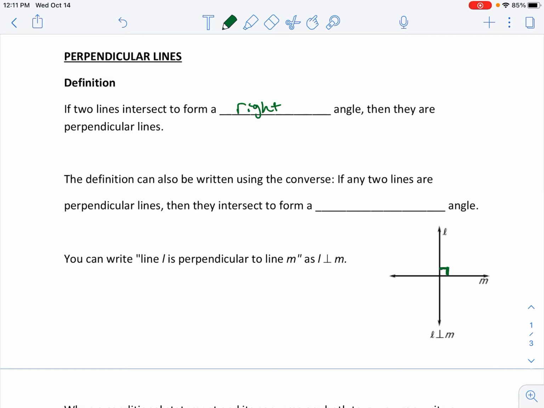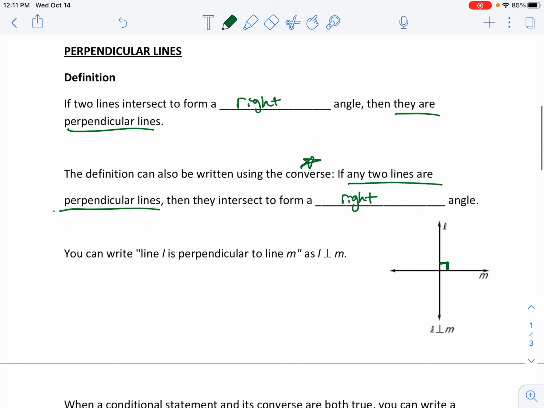It says the definition can also be written using the converse. If any two lines are perpendicular, they intersect to form a right angle. Notice they've switched their conclusion to the hypothesis, which is exactly what the converse does. So definitions work for the conditional, and they work for the converse.